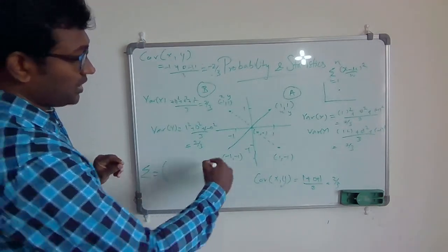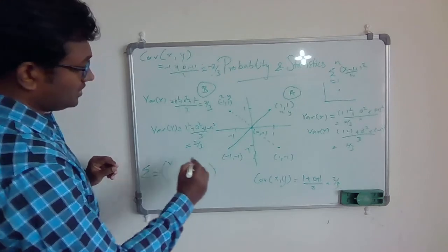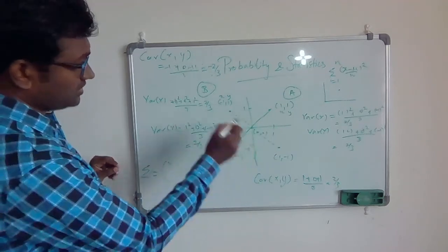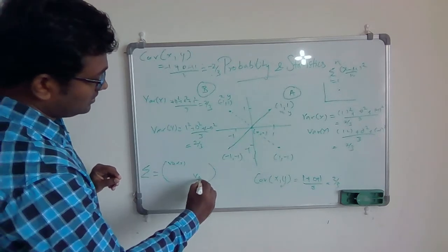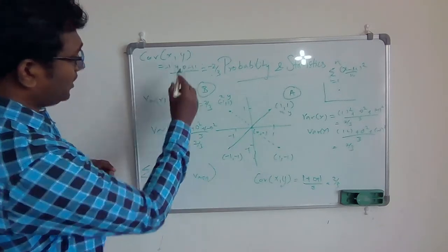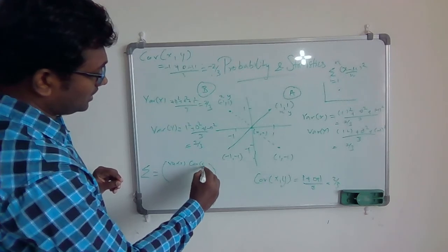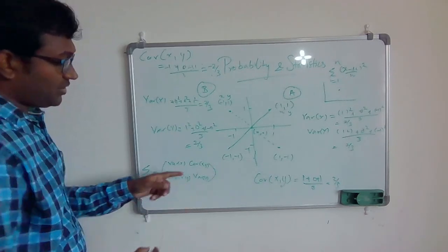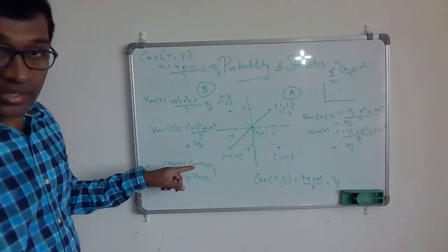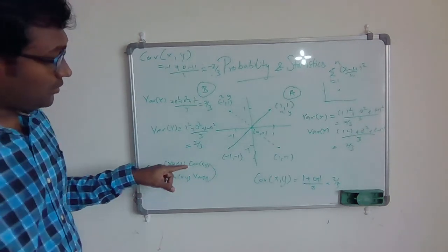Taking one line at a time, we put variance of x, variance of y, and covariance of xy, covariance of xy. It's a square matrix, and these two are most likely the same.